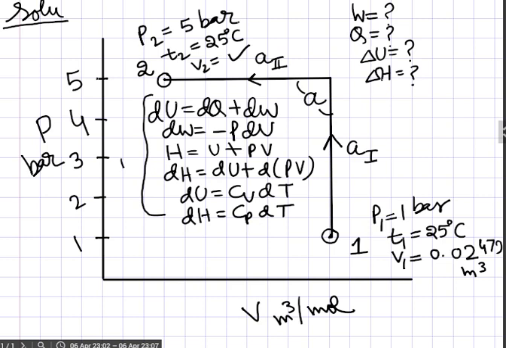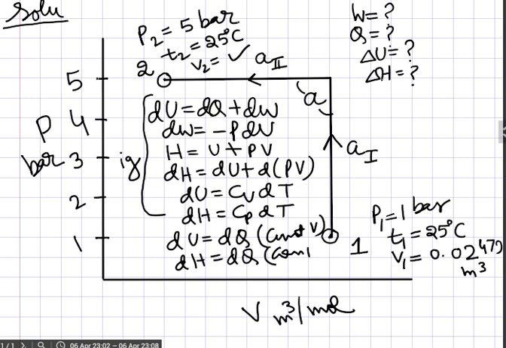That is the important point. An ideal gas will be shown with the symbol IG. The next two formulas were dU = dQ, which will be true only for a constant volume process, and dH = dQ, which will be true only for constant pressure. That is the thing to remember.